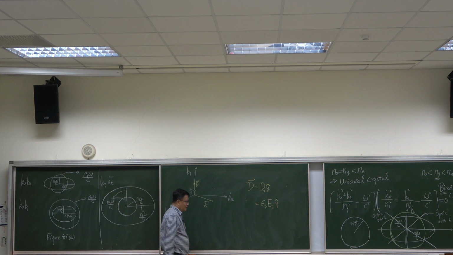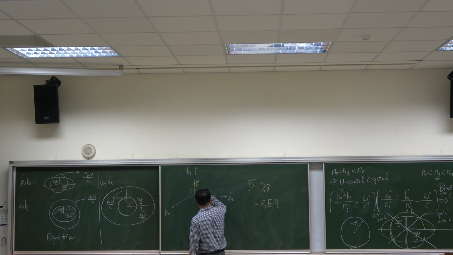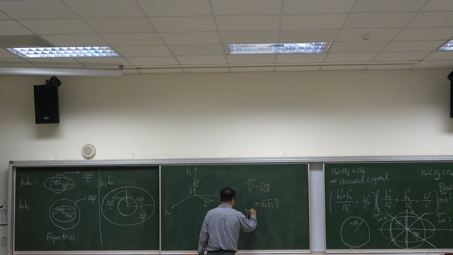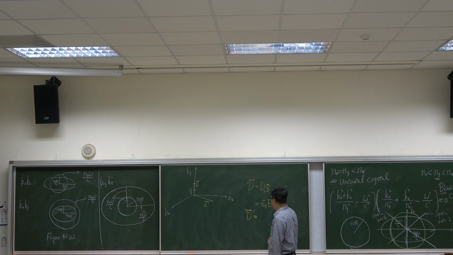However, let's consider the second possibility. The second possibility, I may denote it as D prime. D prime has x component and z component.